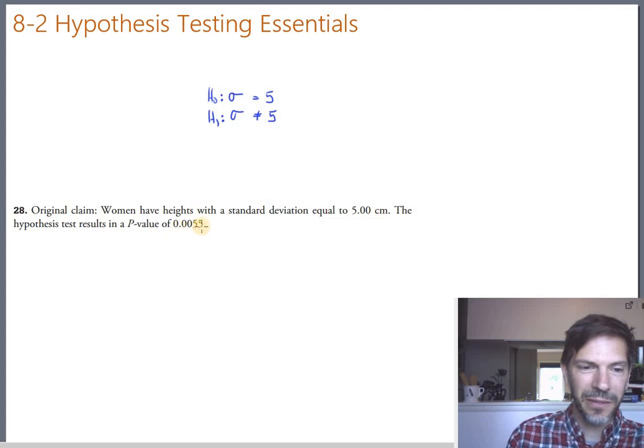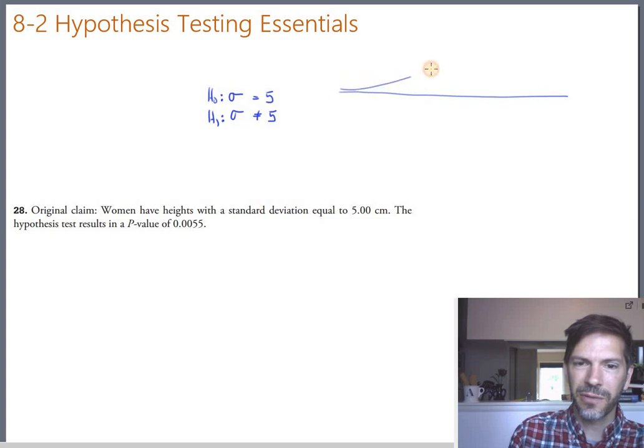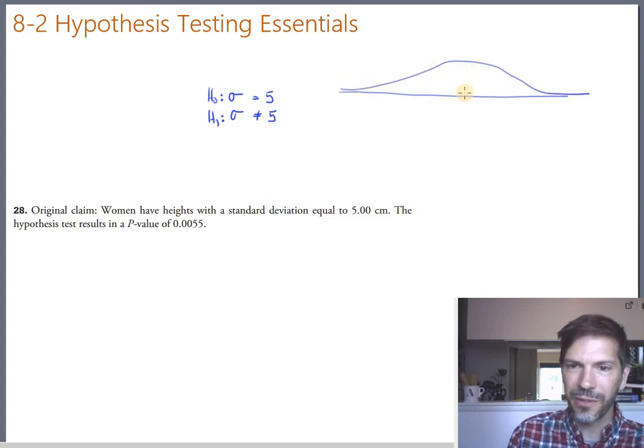The p-value this time is pretty tiny, 0.0055, less than 1%. Let's draw a curve just to talk about what's going on here. As usual, it's a terrible normal curve, but as usual, the null is our benefit of the doubt. We'll start by saying, suppose standard deviation is 5, then samples should come out like this.